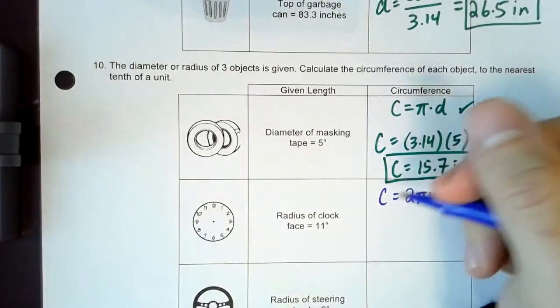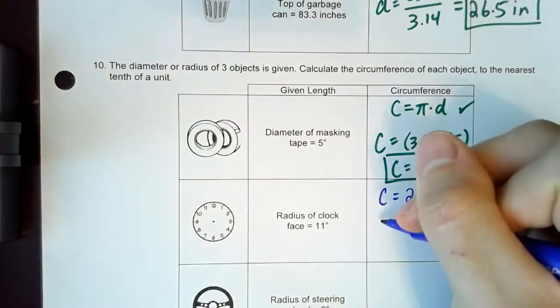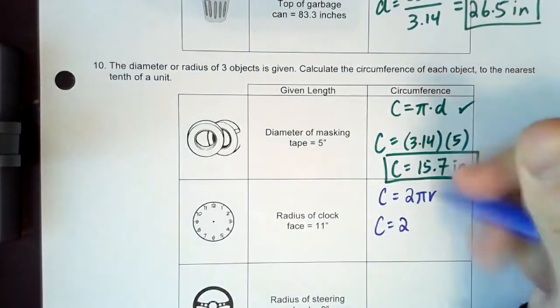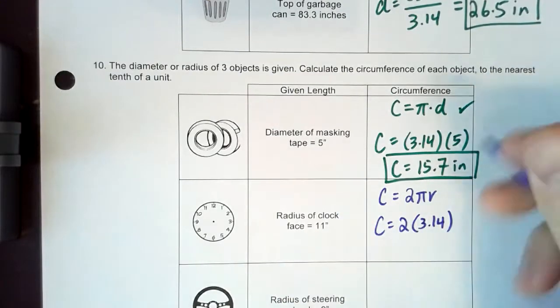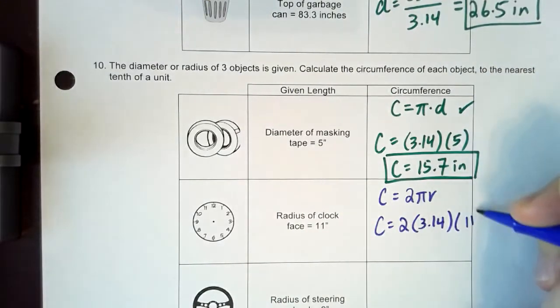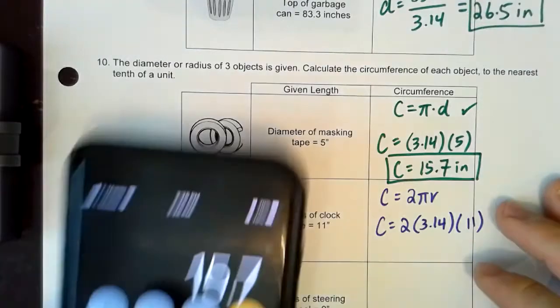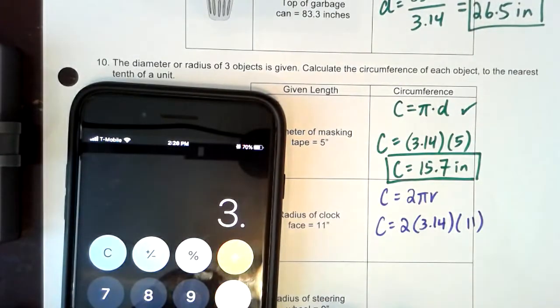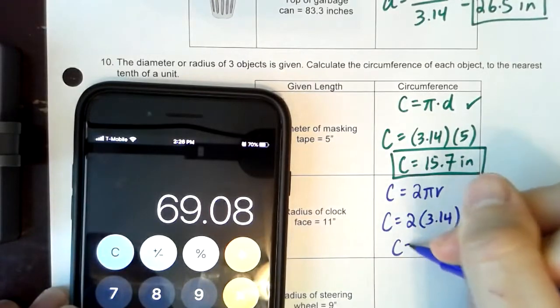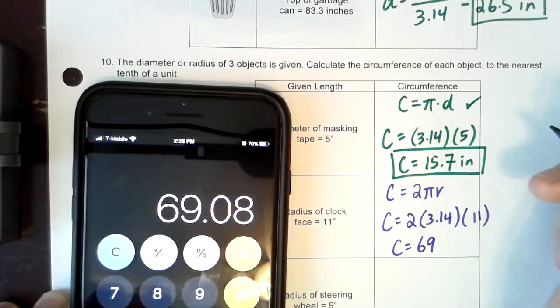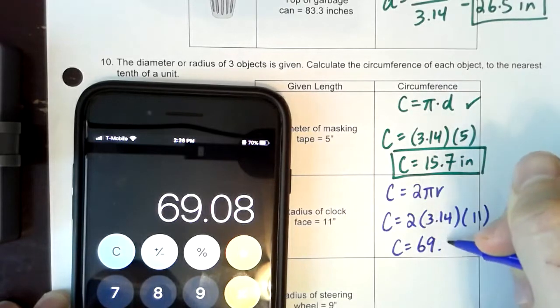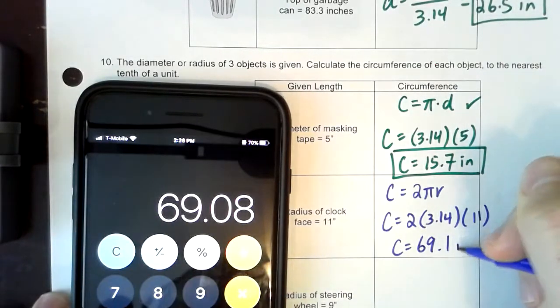Okay, and then it's going to be C equals 2 times pi, which is always 3.14, and then in this case the radius is 11. So we get 2 times 3.14 times 11, which ends up being 69. Now it does say to round to the nearest tenth, so 69.08 would round to 69.1 inches.